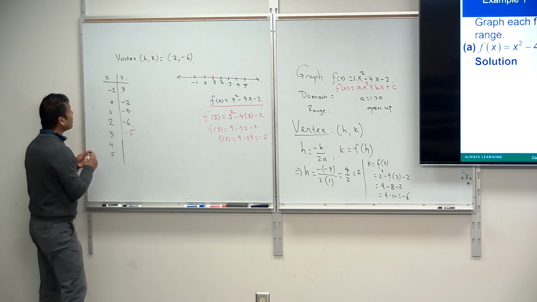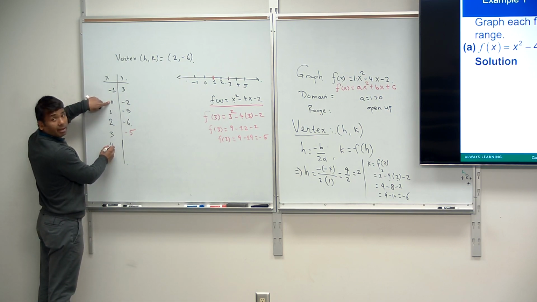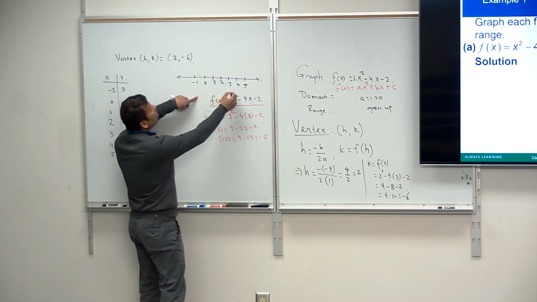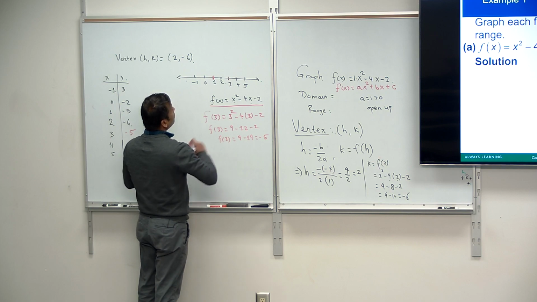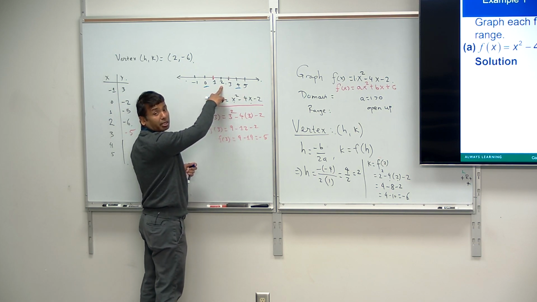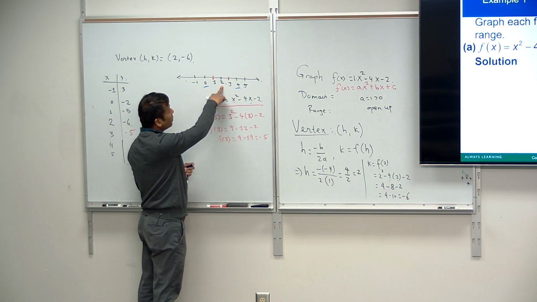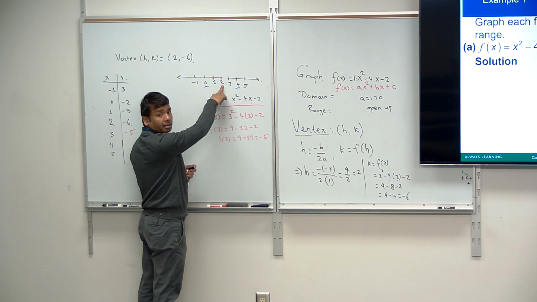Now similarly, this 4 and 0 are at 2 units. This one is 2 units to the right of the x value of the vertex. What is the x value of the vertex? 2.